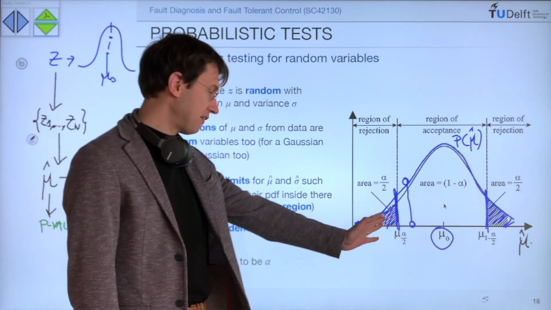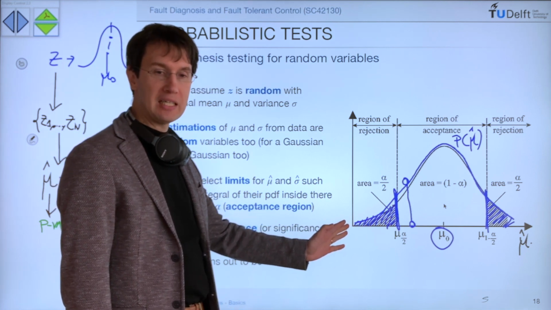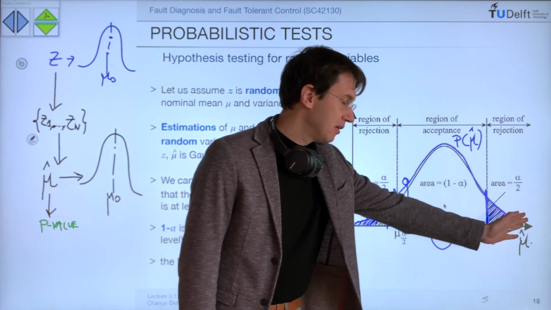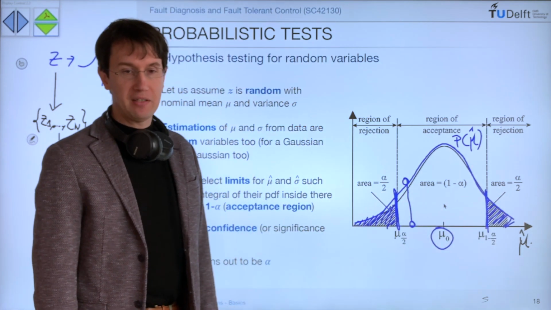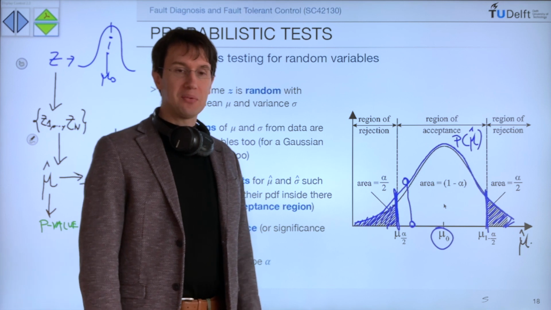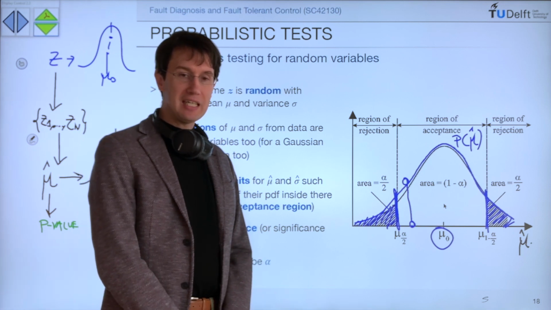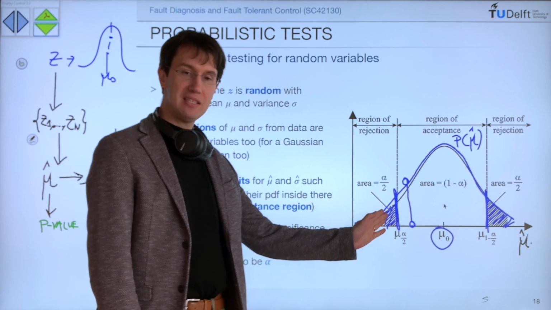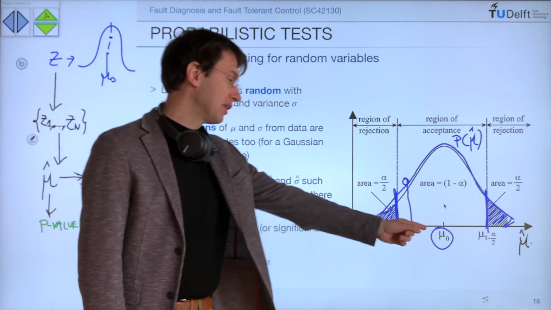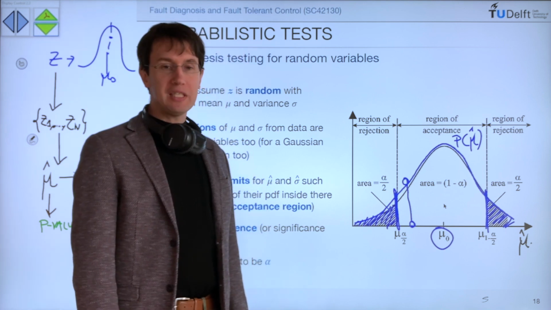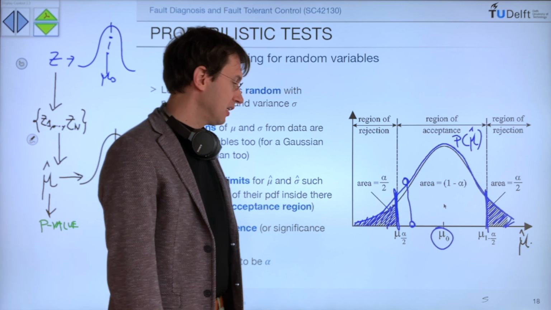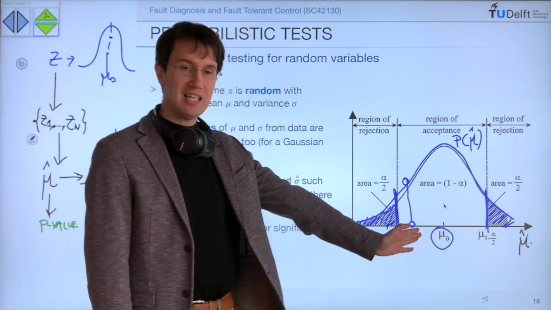The tail on the left for very small and unlikely values of mu hat, and the tail on the right, very big and unlikely values of mu hat. The p-value is telling you the probability of getting in that given tail there or even farther away from the nominal value.